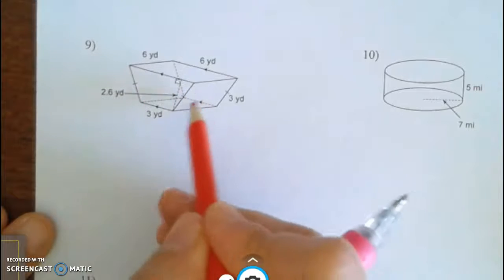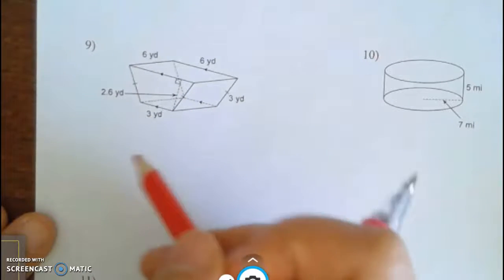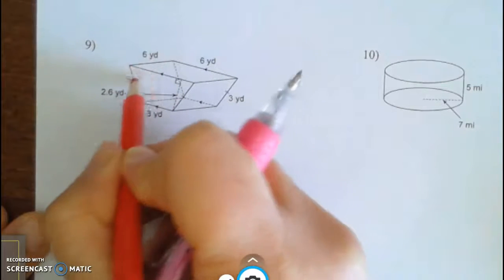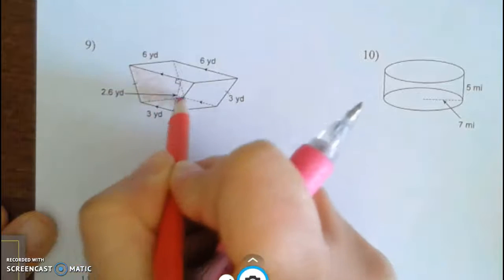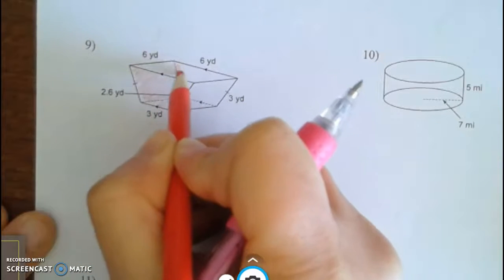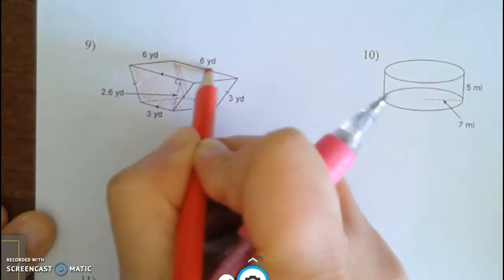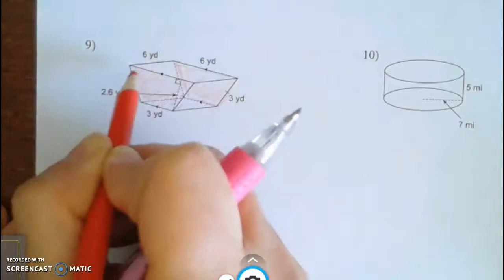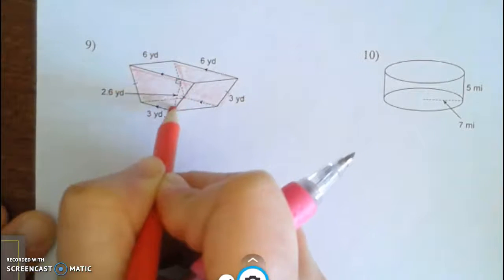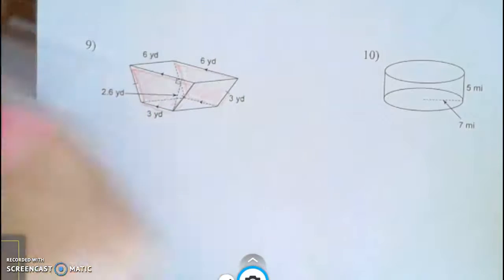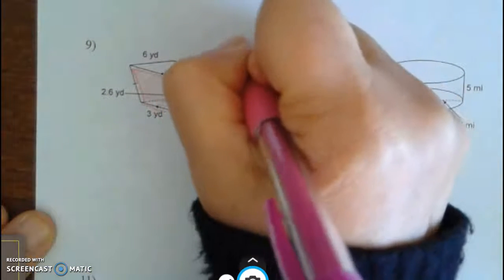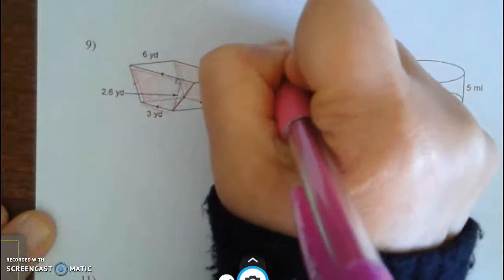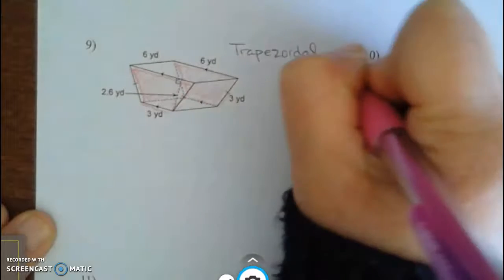This is at an angle and it will eventually meet. While this side and the side at the back are the base of this shape, and it is a trapezoid. So this is a trapezoidal prism.